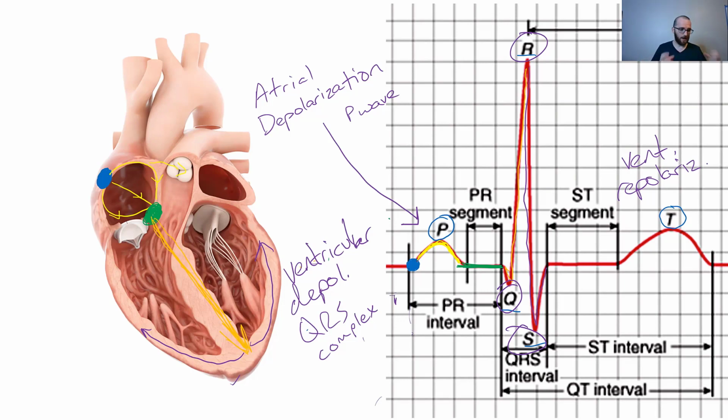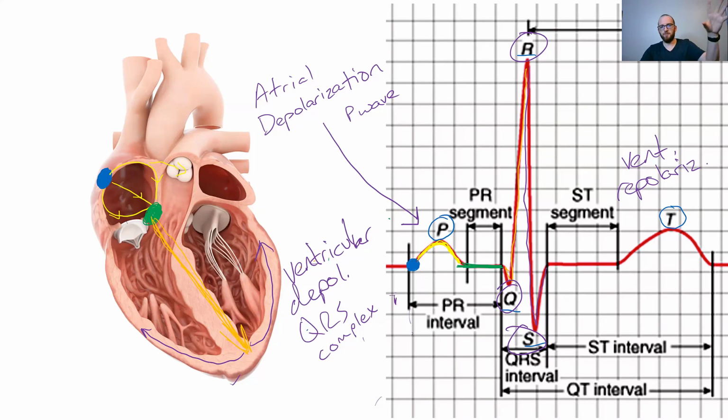Because we said once it fires, it immediately has to start recharging so that it can fire again, because our heart needs to fire 70 times a minute, whatever our resting heart rate is. So it depolarizes, repolarizes, depolarizes, repolarizes. Electrolytes move the other way. That's how we get that to happen. So the T wave is technically ventricular repolarization.